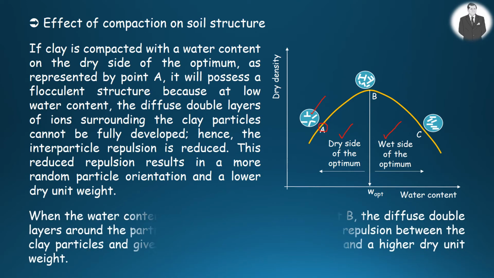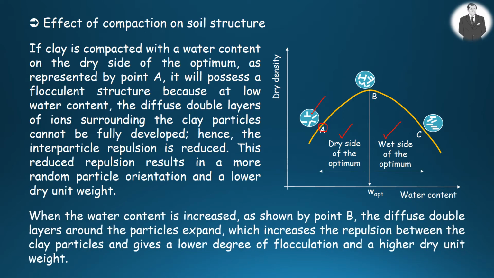On the other hand, when the water content is increased, as represented by point B in the figure, the diffuse double layers surrounding the particles increase, thus increasing the repulsion between the clay particles and resulting in a lower degree of flocculation and a higher dry unit weight.